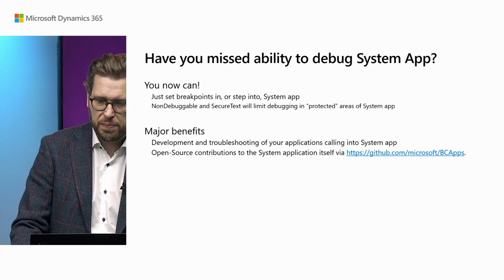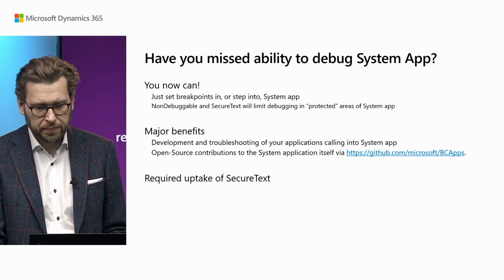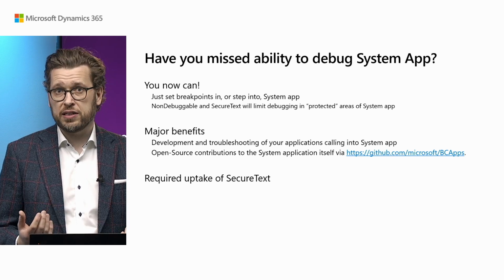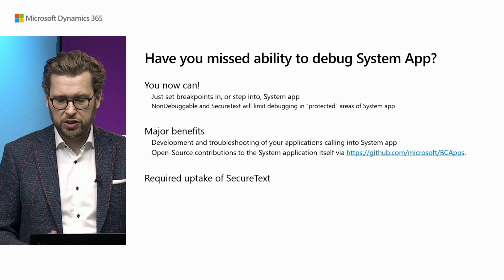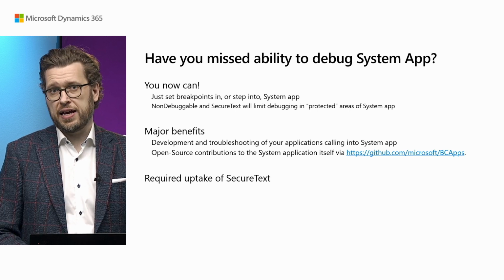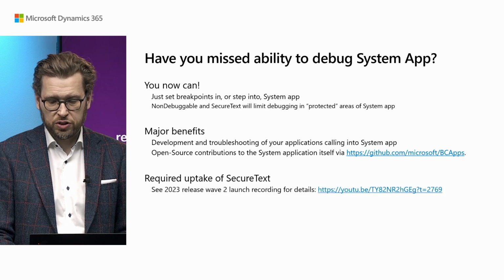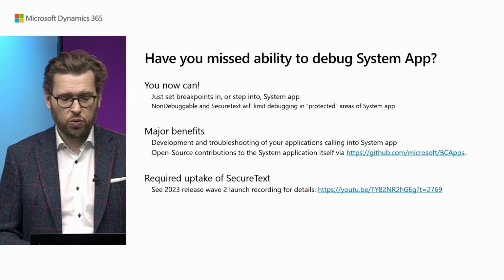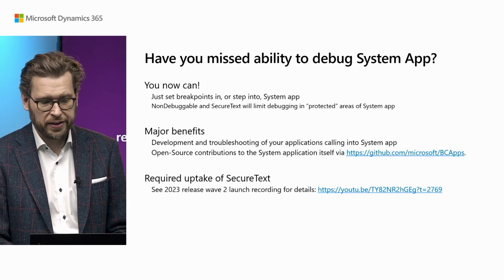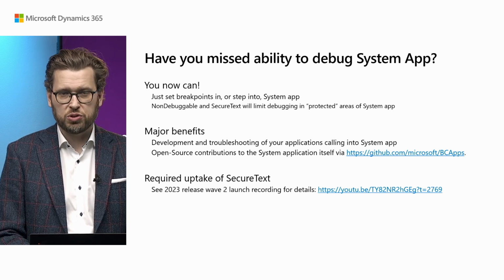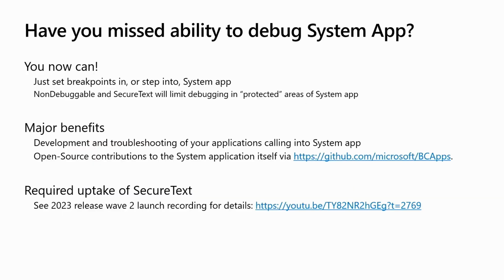So that's empowering your work there. Now, the reason for not enabling this sooner has been that it required multiple platform features, including the recently added secure text that Stefan just talked about. If you want to know more about the secure text, you could watch the launch recording from the last release.